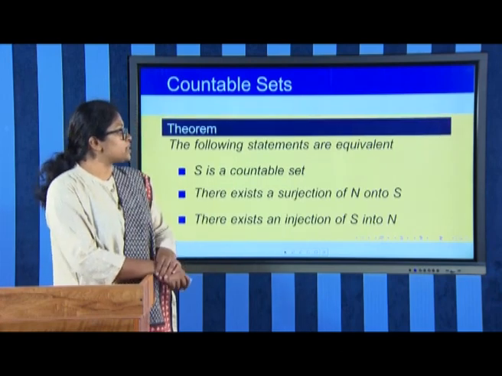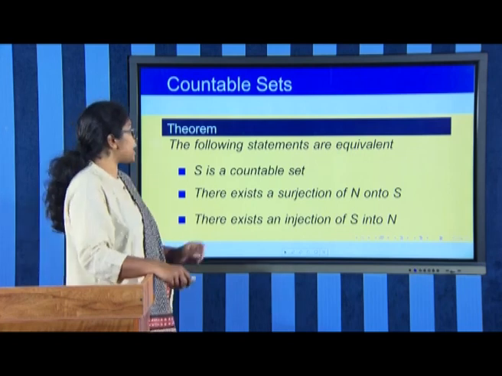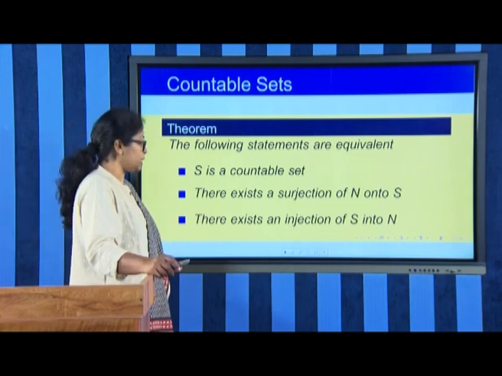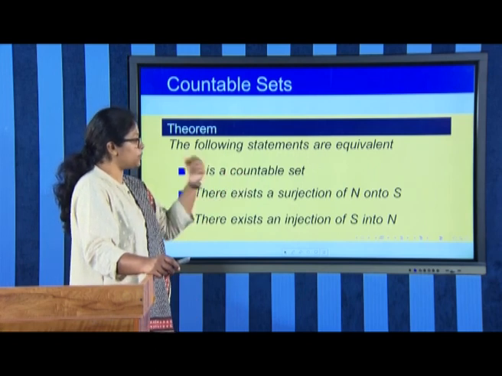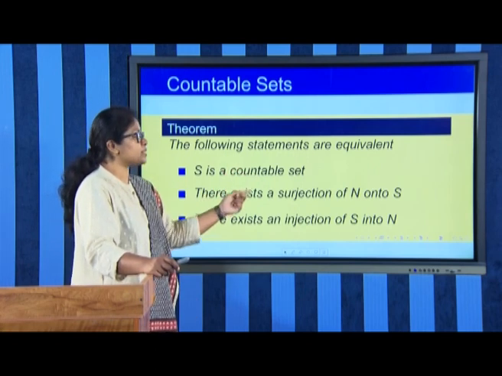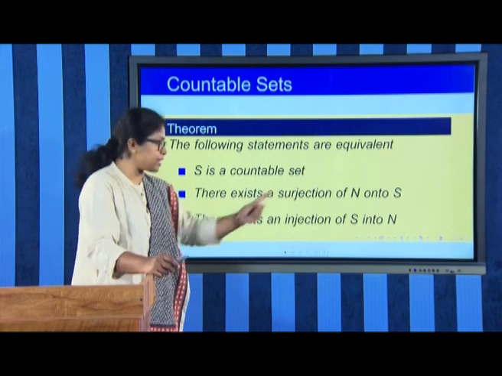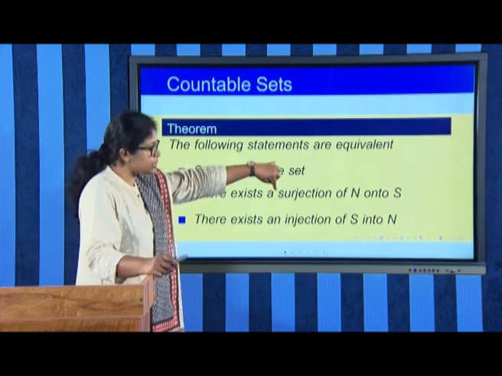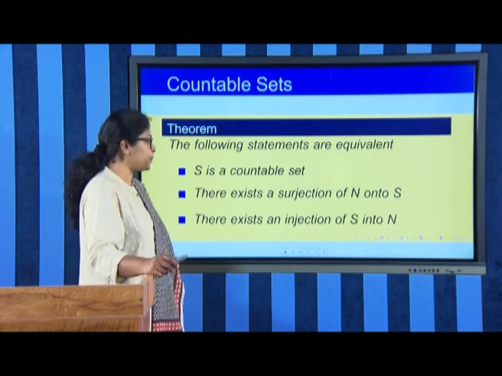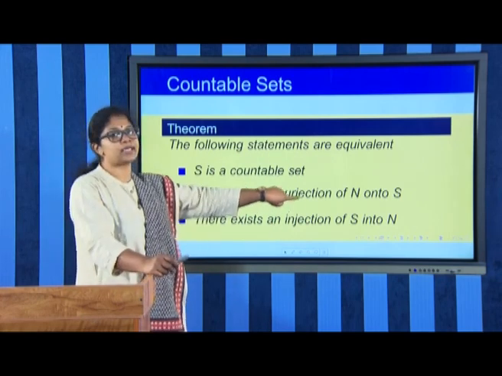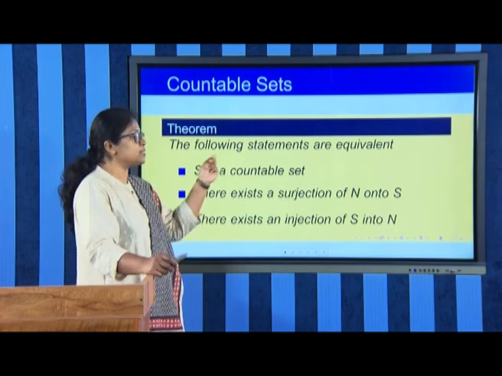Another theorem states that the following statements are equivalent: if we have a countable set, definitely there exists a surjection of N onto S, and if there exists such a surjection of N onto S, definitely it becomes an injection, and if there is an injection of S into N, then that set is countable.